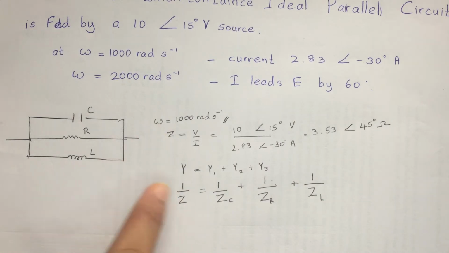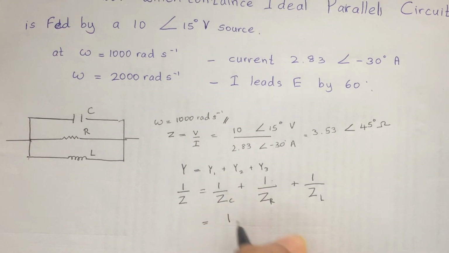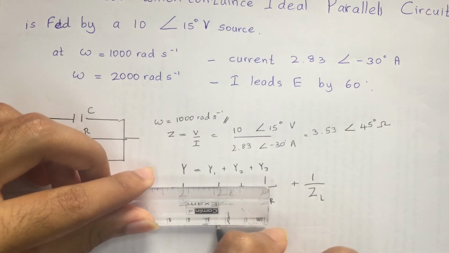So we can use this part. Actually, we knew the total equivalent impedance, which is 3.53 with a phase angle of 45 degrees. So we need to substitute the values over here so we can get the answer. So what is meant by this ZC? What's the impedance of the capacitor? Careful with these symbols.